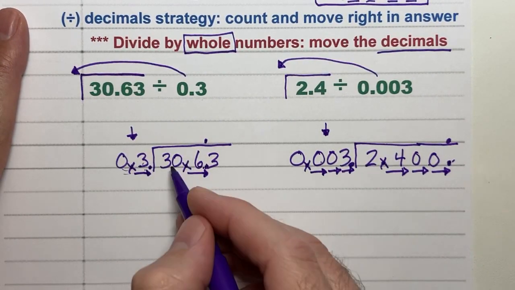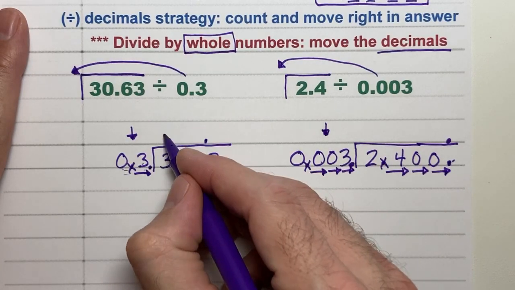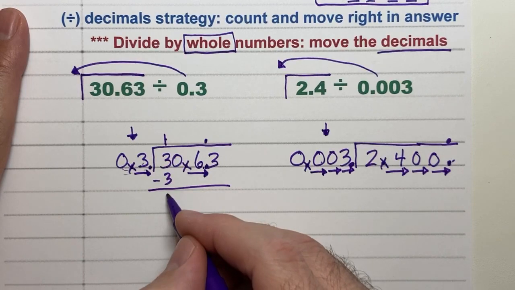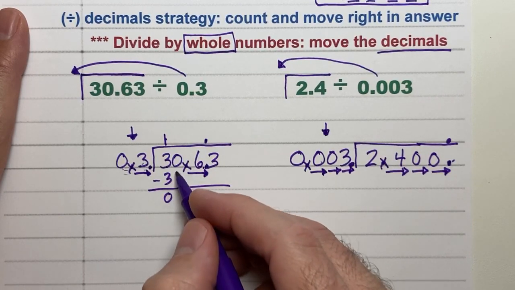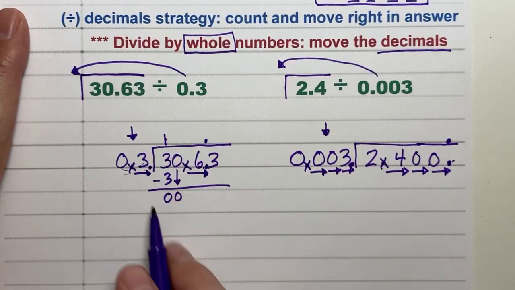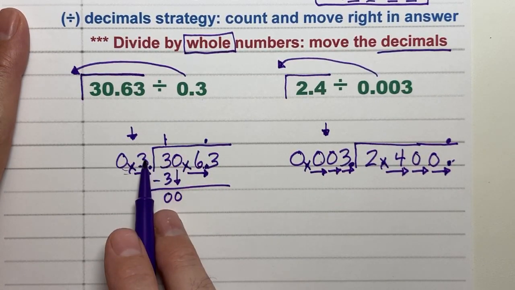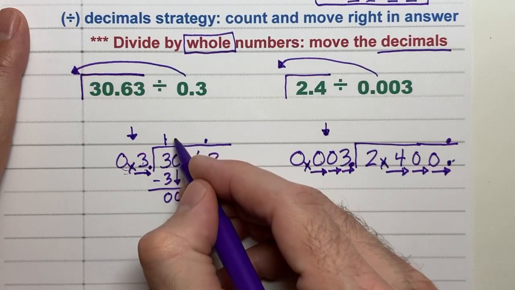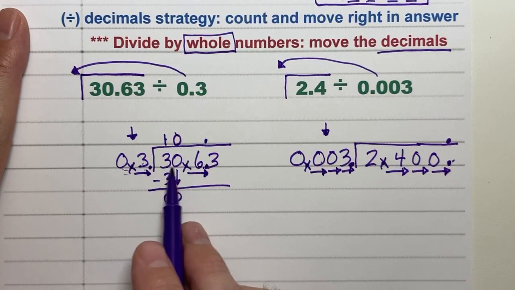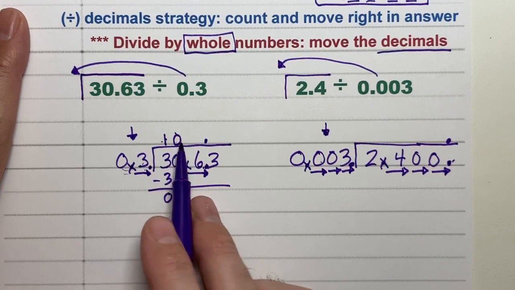3 divides into 3 one time, 1 times 3. There's no 0 left over. Bring this down. Make sure that we put a number up above. 3 divides into 0 0 times. So 3 divides into 30, 10 times.